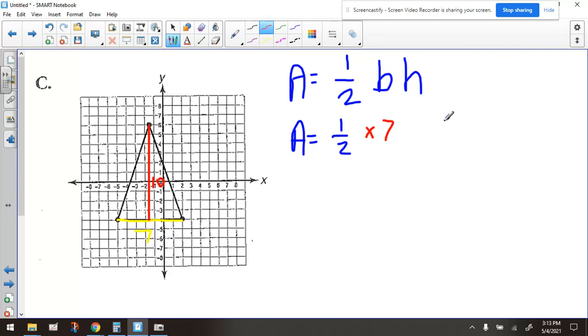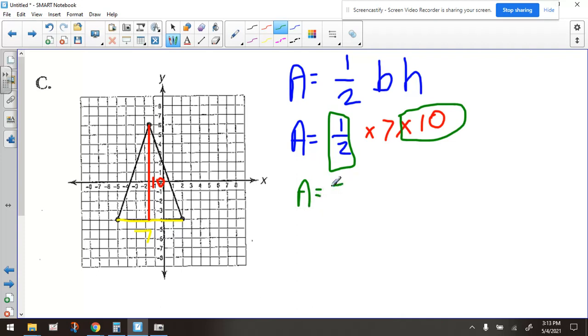So that's 10 units times 10. All right, so the next thing we would do, since we have an even number and we can take half of that in our head, we should do that. Half of 10 would be 5. So the only thing left you have to do is to ask yourself, does 5 times 7 equal 35? Because if it does, isn't that the number they were talking about that we're looking for?